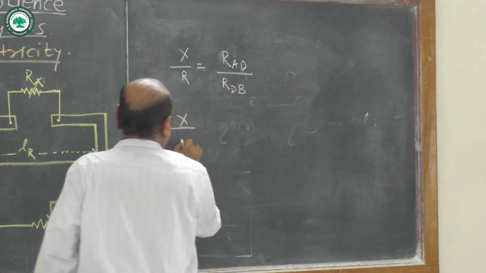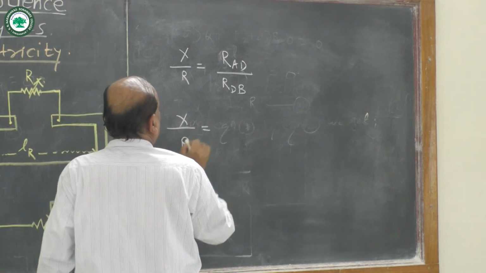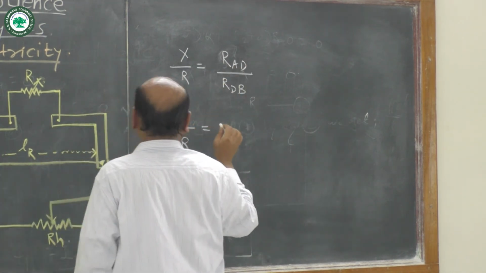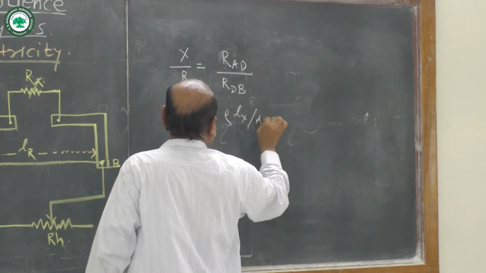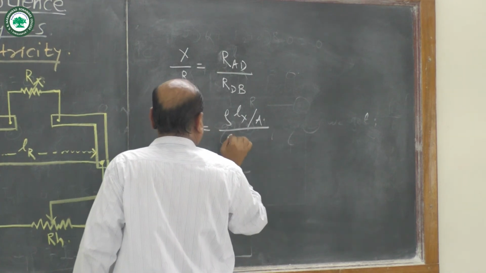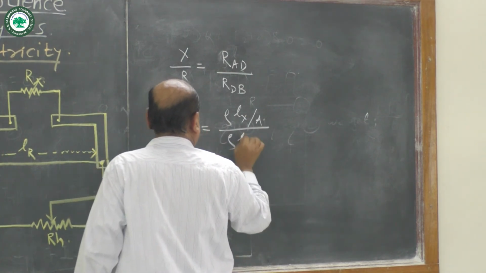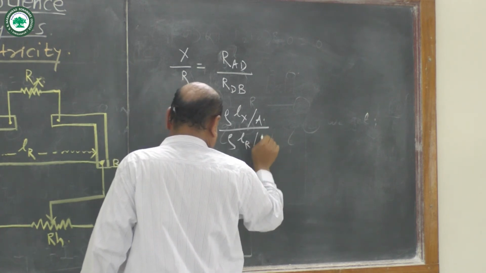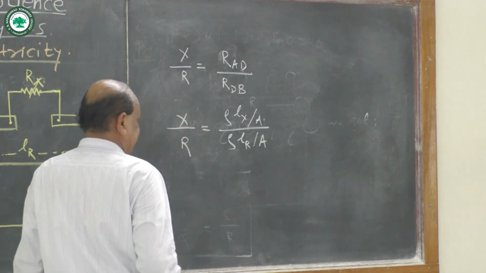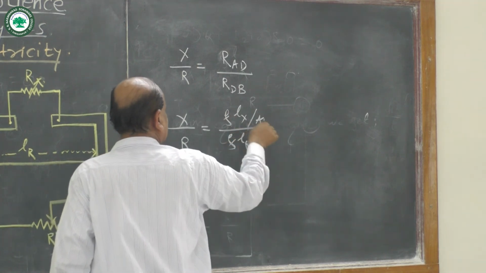This X divided by R is equal to RAD, which is rho LX divided by cross-sectional area A, divided by rho LR divided by cross-sectional area A. Cancel this term.